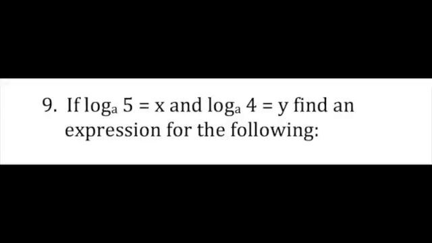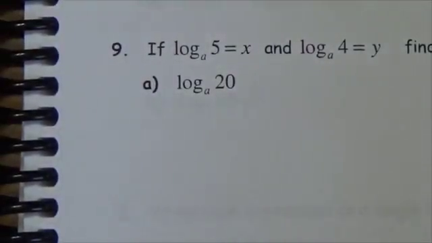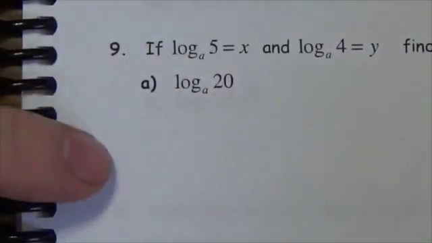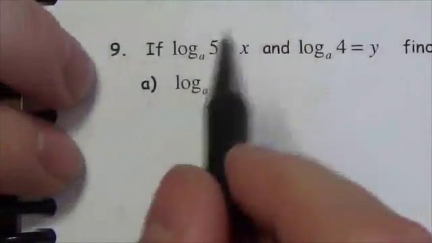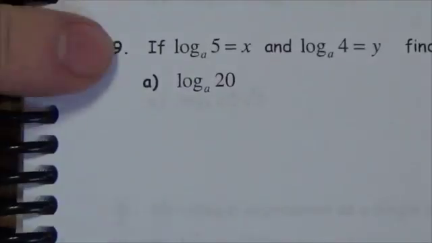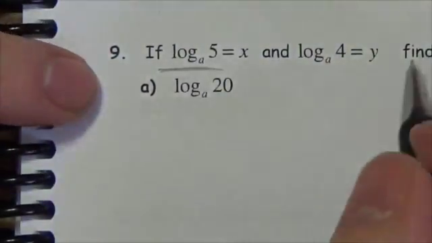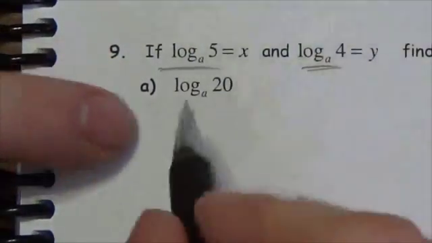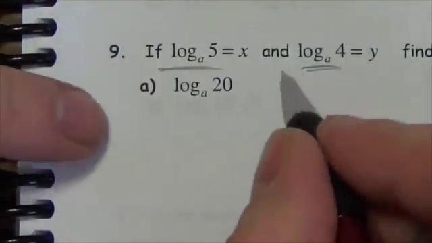If the log base a of 5 is equal to x, and the log base a of 4 is equal to y, find an expression for each of the following. Log base a of 20. Right, now I think the trick to doing these questions here is to think about expansion. Okay, and in particular here, the question gives me some direction to go here. I'm looking for log base a of 5, log base a of 4. So let's look at 20 here, log base a of 20.